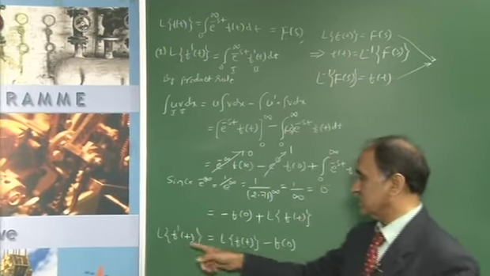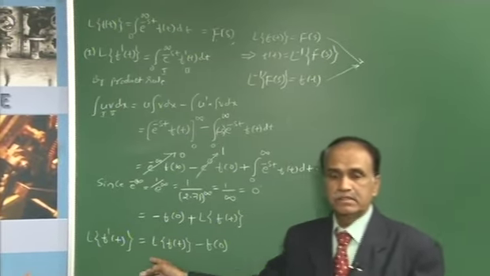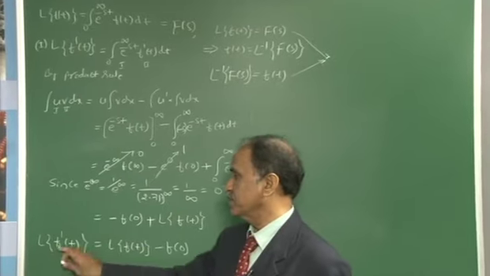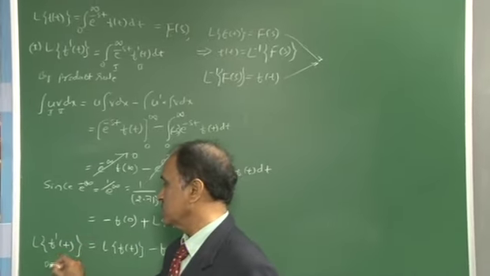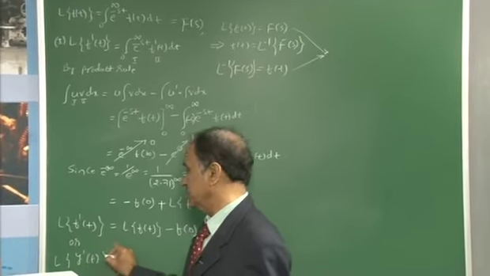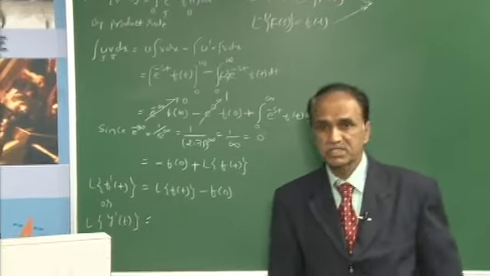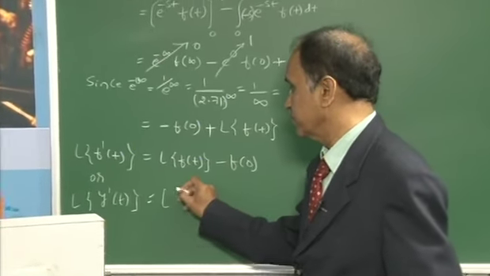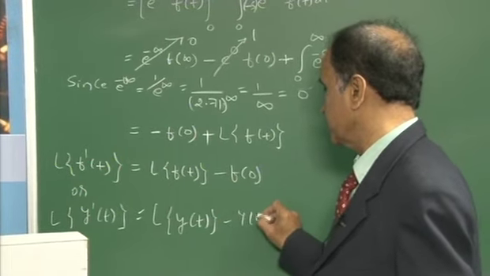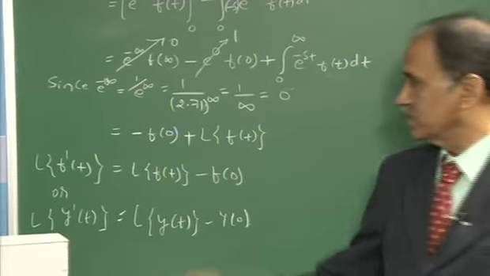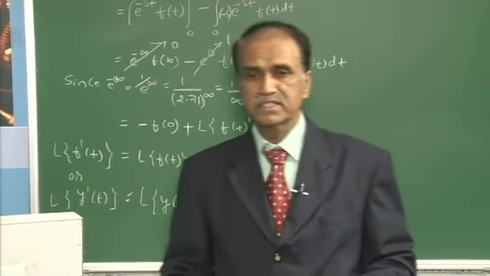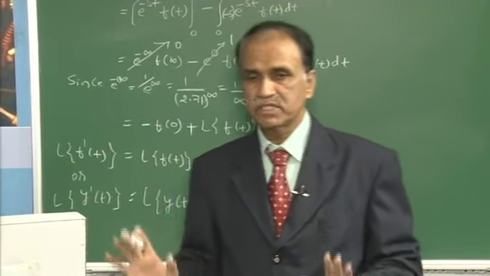Then the Laplace transform of derivatives for the first order differential coefficient, this f dash of t like this, or L of, some authors write y dash of t is equal to, some authors write s times L of y of t minus y of 0. That means f dash of t and y dash of t are all giving the same meaning, that is first order derivative with respect to t.